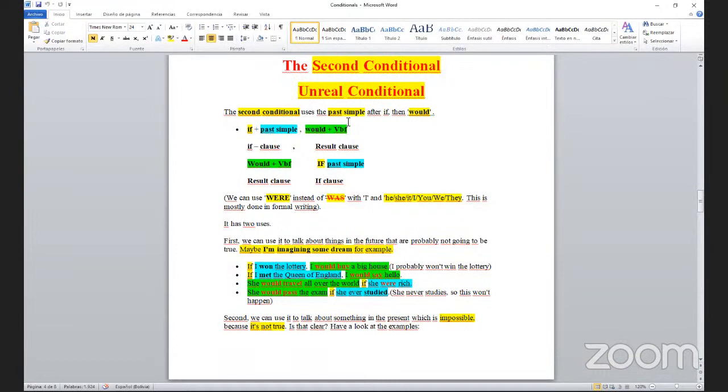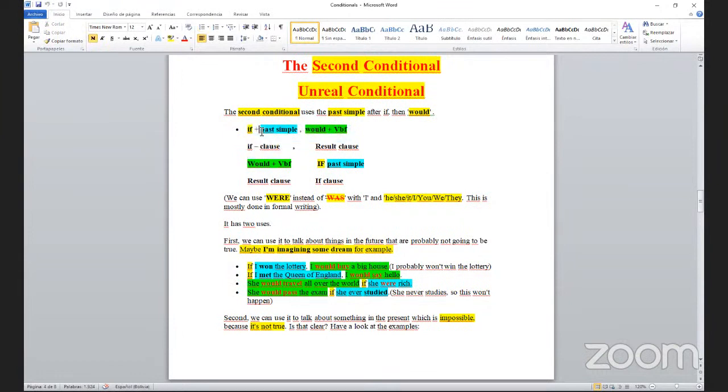So in this conditional, we're going to talk about imaginary situations, okay? Something that we maybe could imagine or maybe we want, but it is kind of impossible, okay? So in this case, we're going to see these two grammars: simple past, and this is going to be our if clause, okay?